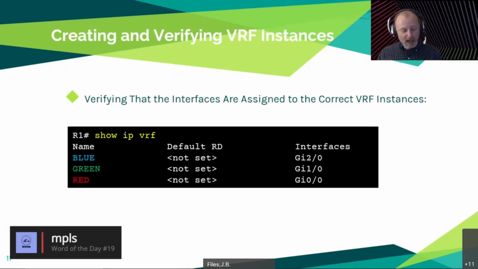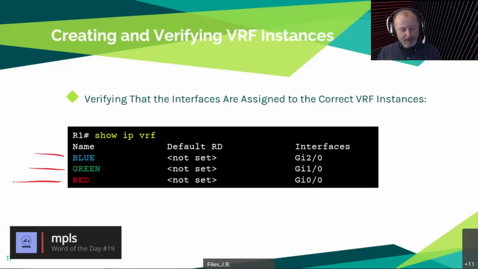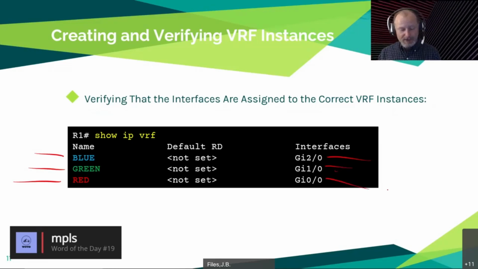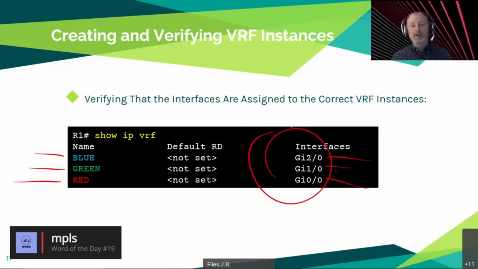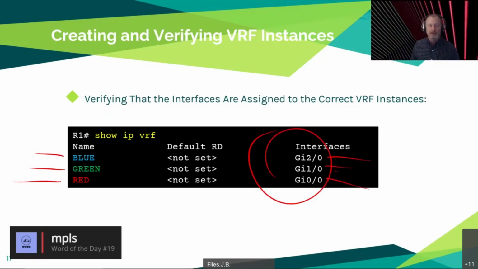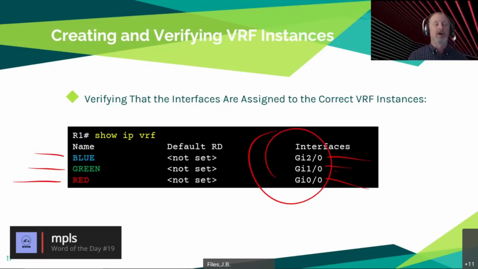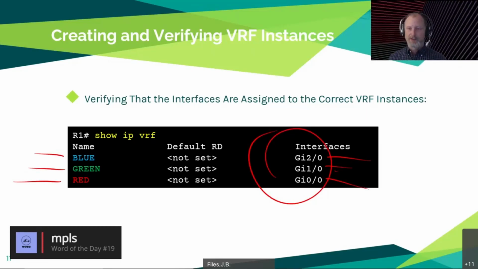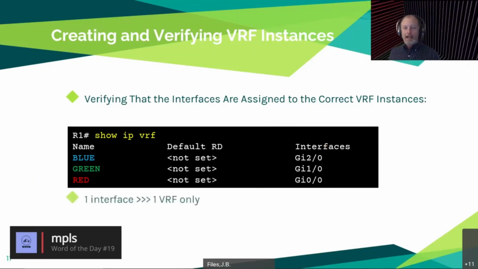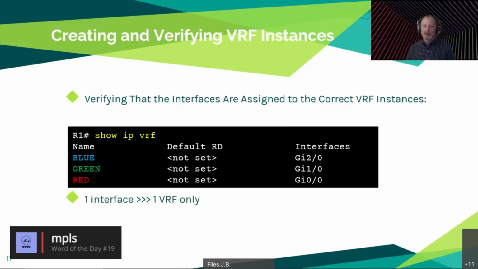We can see each VRF has a physical interface. These used to belong to the default VRF, but now they belong to the ones listed here. One interface can belong to one VRF only.